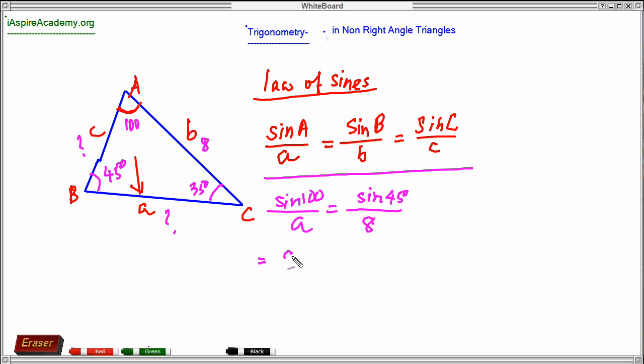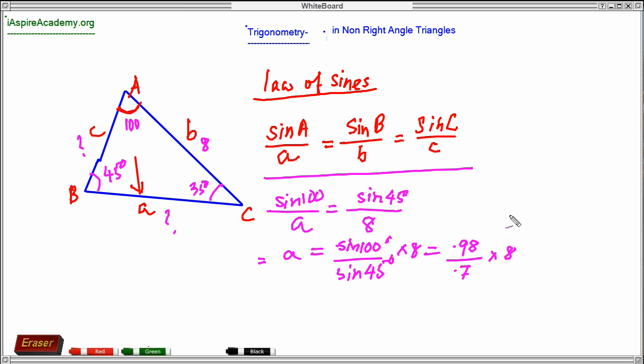So from here A equals sine 100 divided by sine 45 times 8, where sine 100 is around 0.98, divided by sine 45, which is 0.7, times 8. So you can solve this and get the value of A.